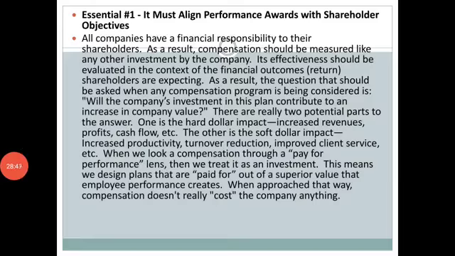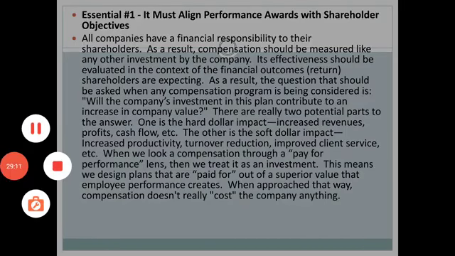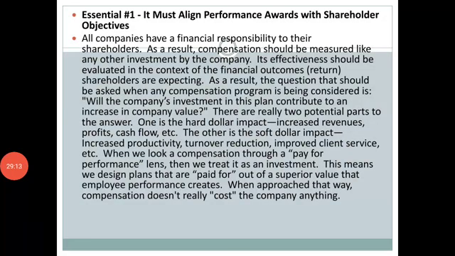So there are some essential things which are considered in pay for performance. The first essential thing is it must align performance awards with shareholders' objectives. What it means? All companies have a financial responsibility to their shareholders.